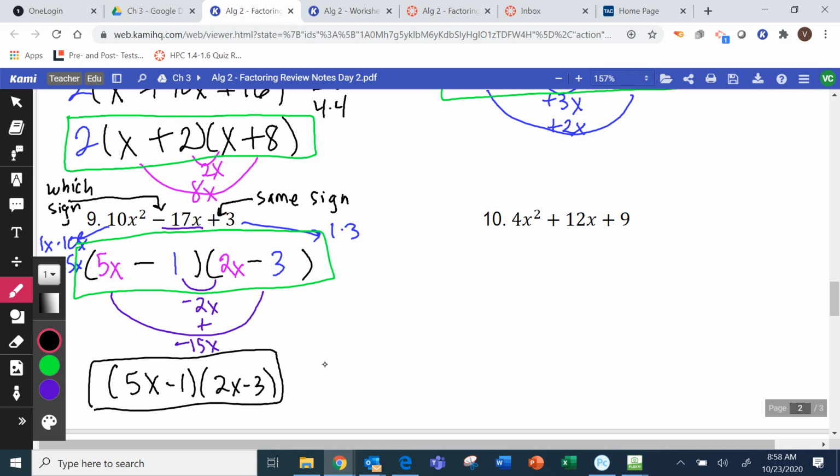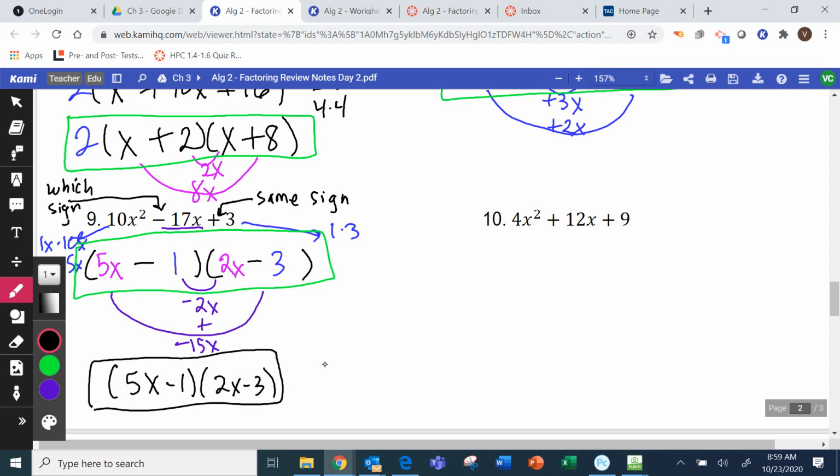That's your check. Okay, it's not quite right. Did you get it, Sophie?